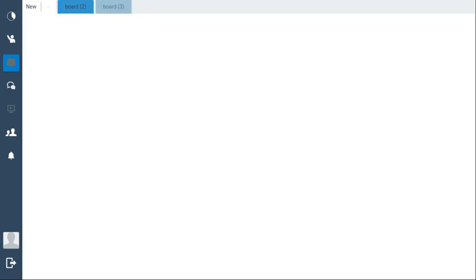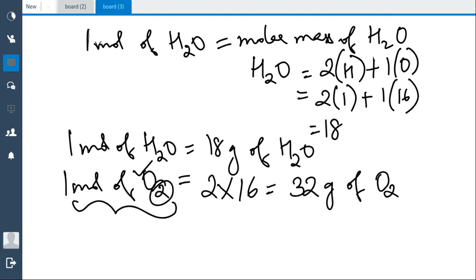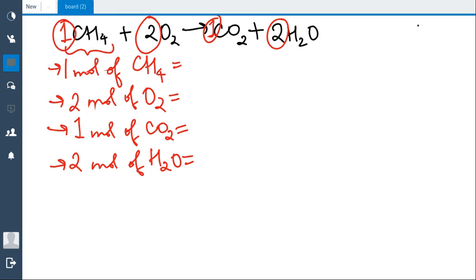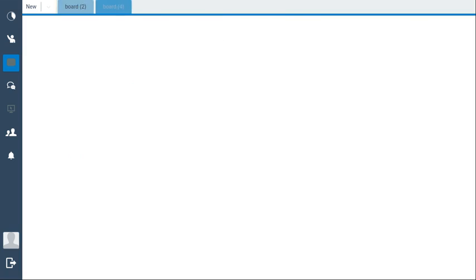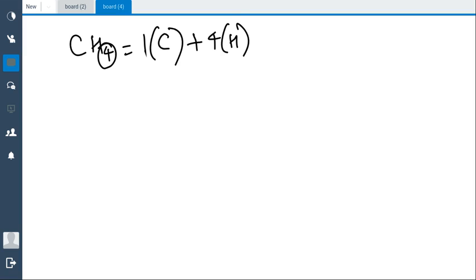So let's calculate molar mass of CH4. CH4 means 1 into, what is the mass of carbon? 12. I write 1 into mass of carbon plus how many hydrogens? 4. 4 into mass of hydrogen.